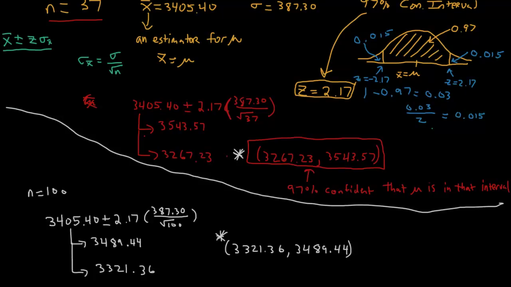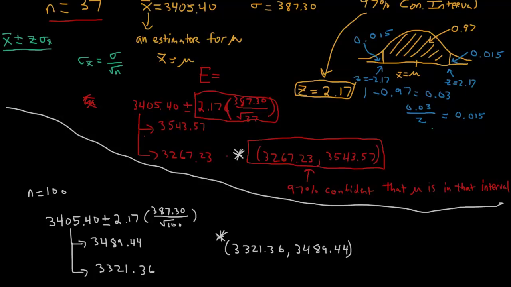Now, we actually didn't compute the margin of error before, so let me switch back to red and go back here. The margin of error is just this portion of our expression. That's E. So E here equals 2.17 times 387.3 divided by the square root of 37.